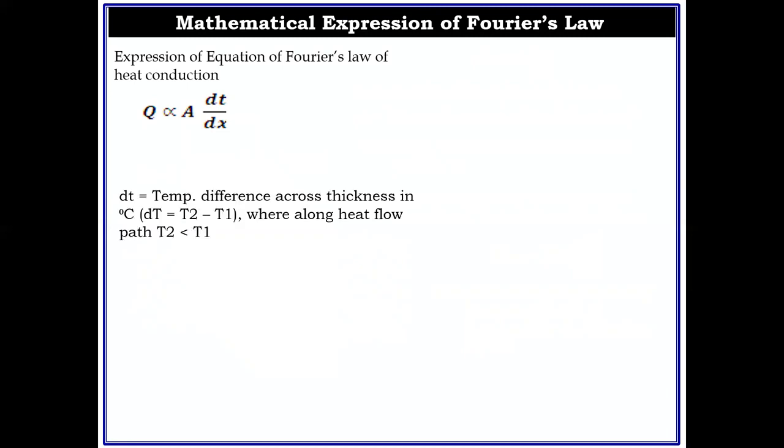Now dT, the temperature difference across the thickness, is always T2 minus T1 along the heat flow path. As T2 is lesser than T1, it always gives a negative value. To compensate for that negativity, we use a minus sign. So if we remove the proportionality sign, Q is equal to minus kA dT by dx.